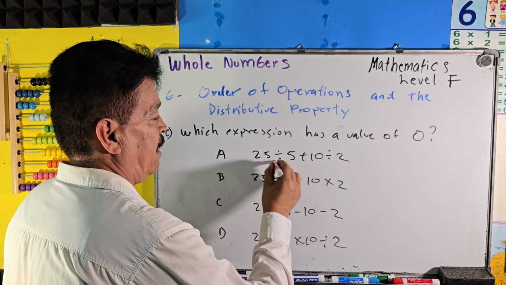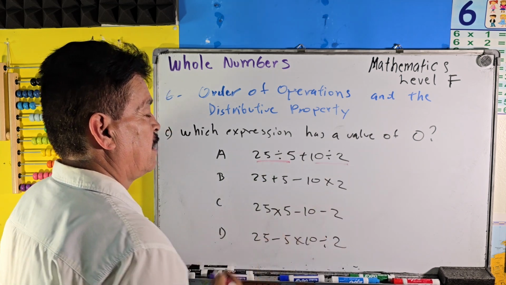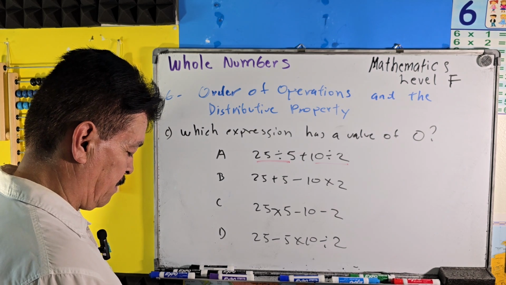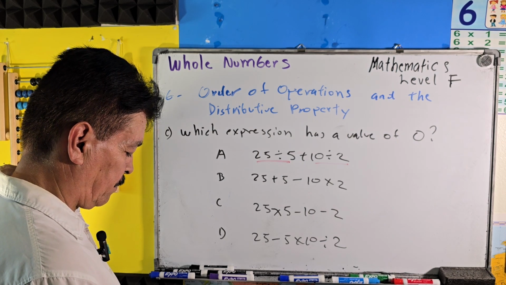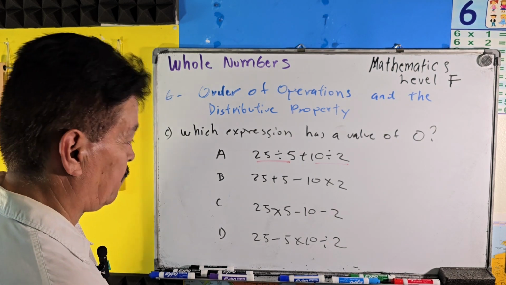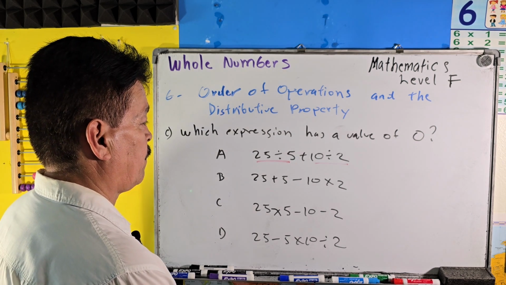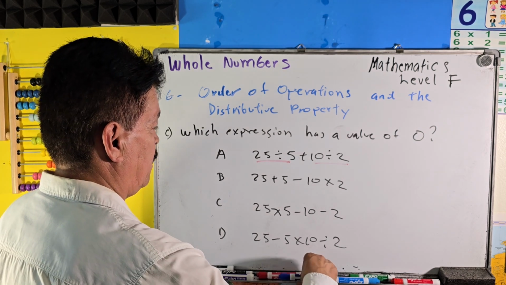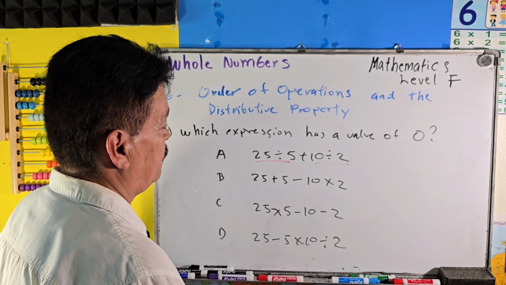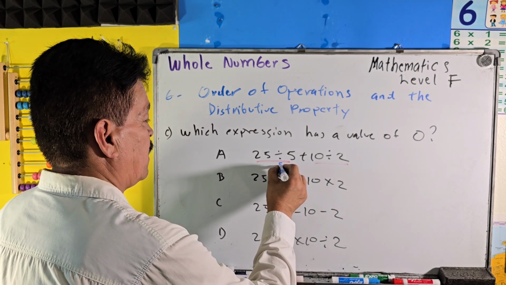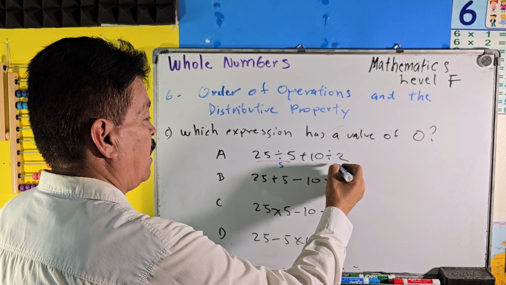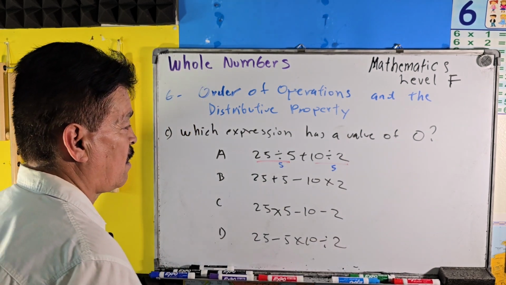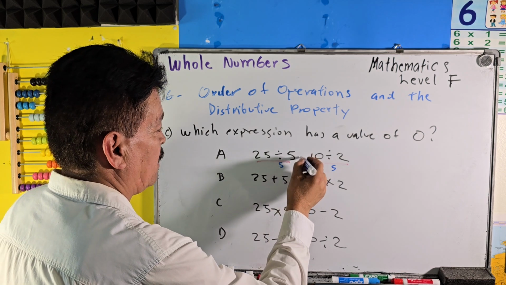From left to right. Here 25 divided by 5 is 5. 10 divided by 2 is 5. So this is minus.